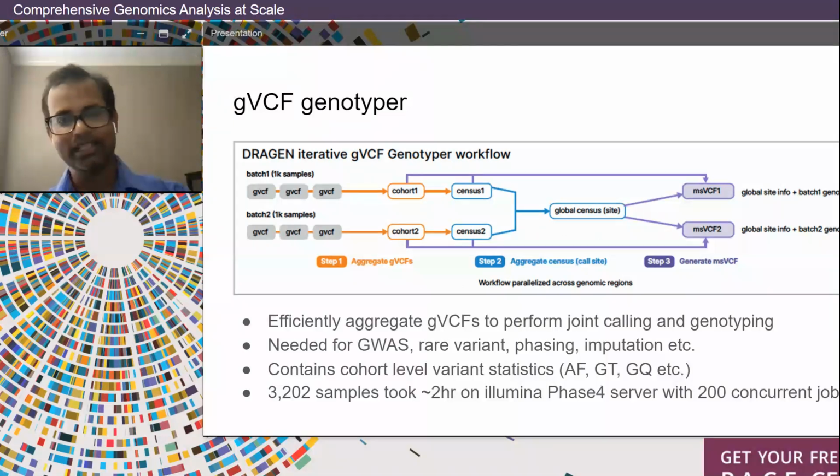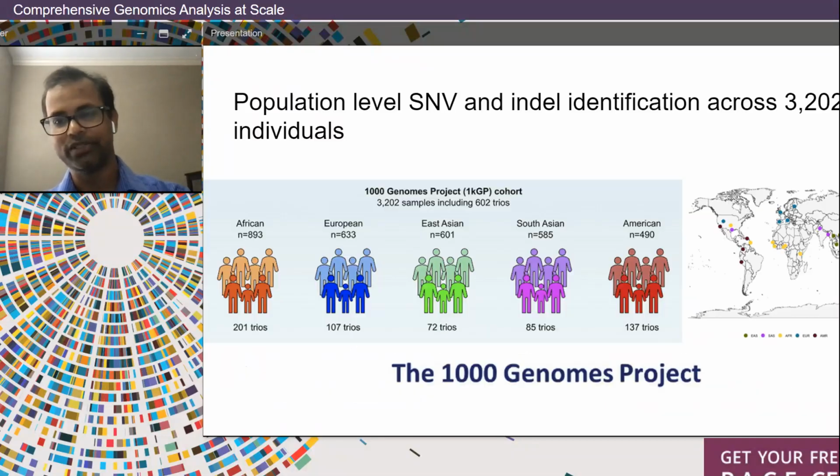The good thing is that the multi-sample VCF file generated using this GVCF Genotyper contains cohort-level variant statistics like allele frequency, genotype, as well as genotype quality. For 3,202 samples, it took around 2 hours on an Illumina Phase 4 server with 200 parallel jobs, which is pretty good.